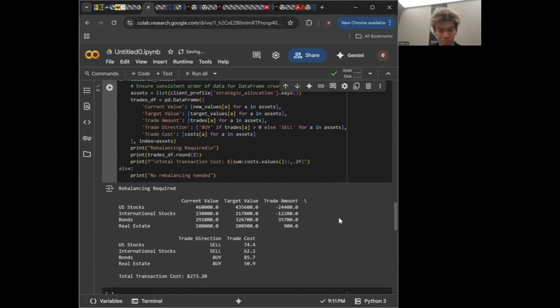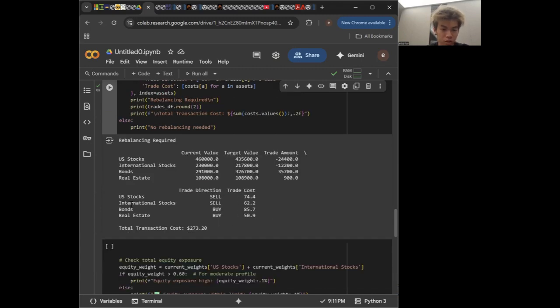The table shows the new portfolio after rebalancing, which sold $24,400 of US stock and $12,200 of international stock, and bought $35,700 of bonds and $900 of real estate to rebalance to the initial portfolio allocation for all the assets.